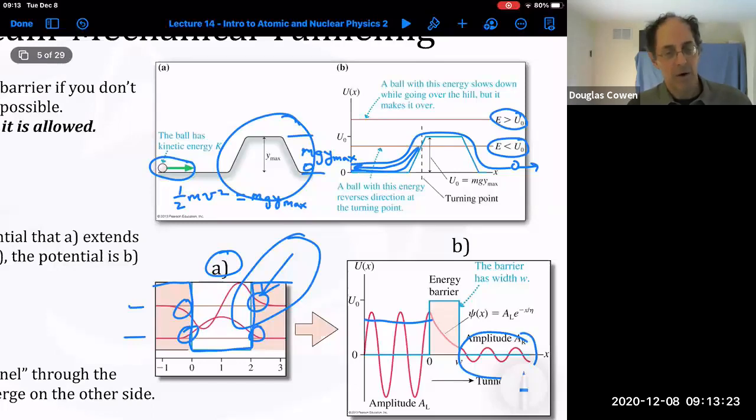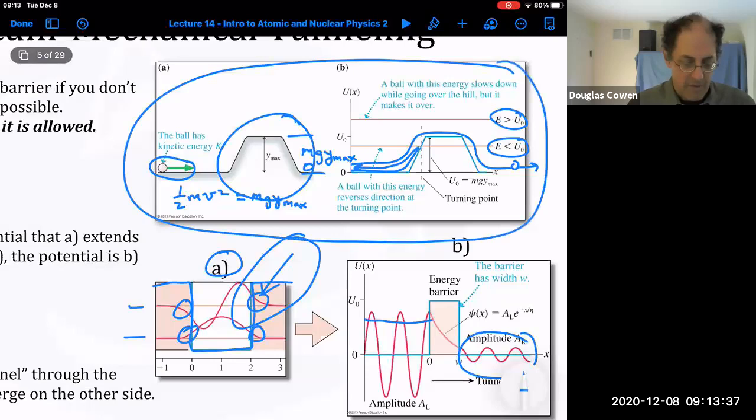So the particle has effectively tunneled through this barrier, which is something that a classical particle could never do. It's as though, in this case drawn up here, that ball had a kinetic energy that was less than the mgy max, less than the potential energy at the top of that bump, but somehow it managed to get to the other side.